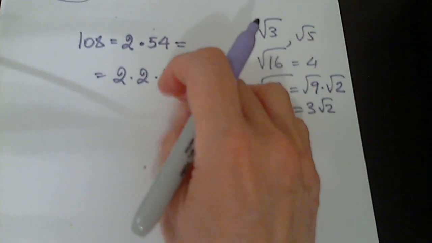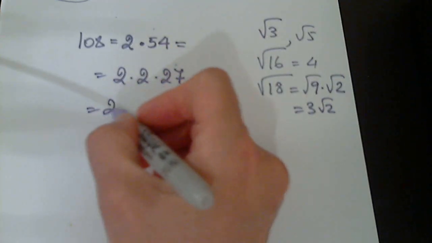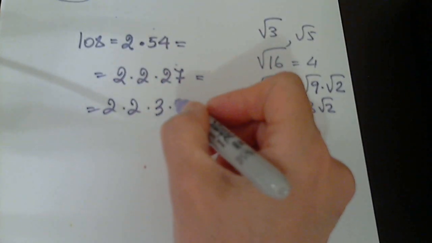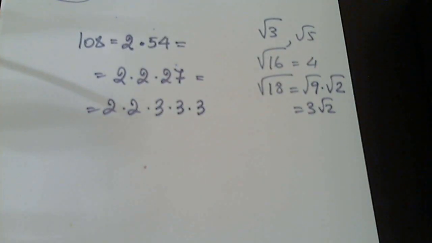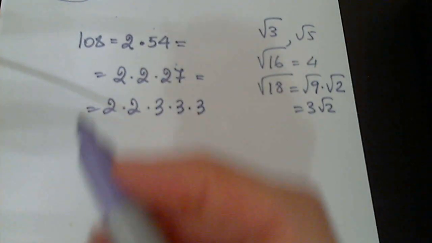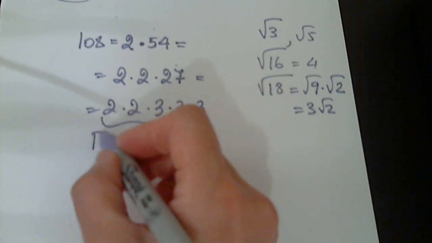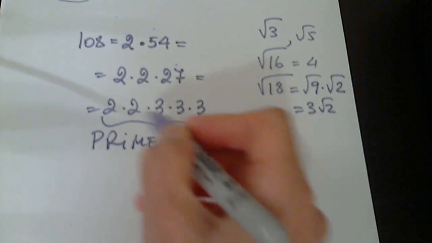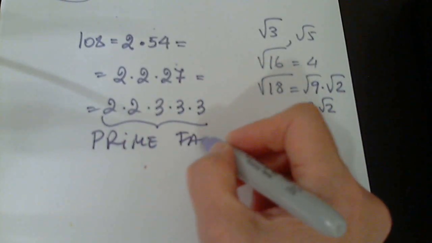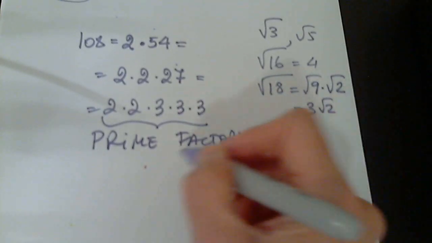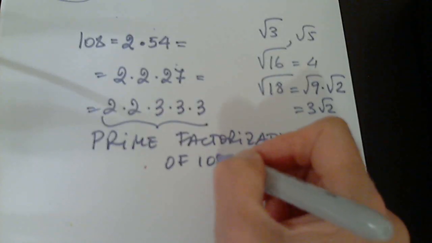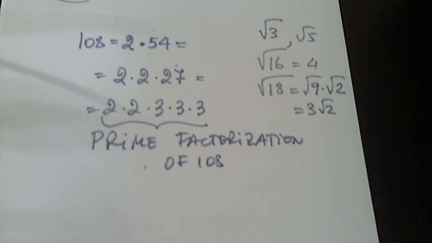But 27 is 3 times 3 times 3. What did I just do? I presented the prime factorization of 108. I broke it down into prime numbers.